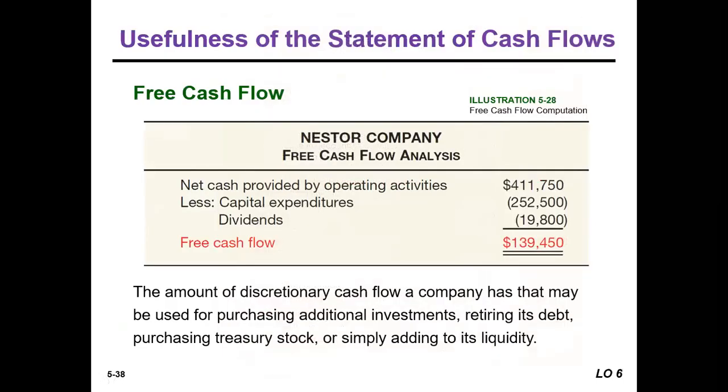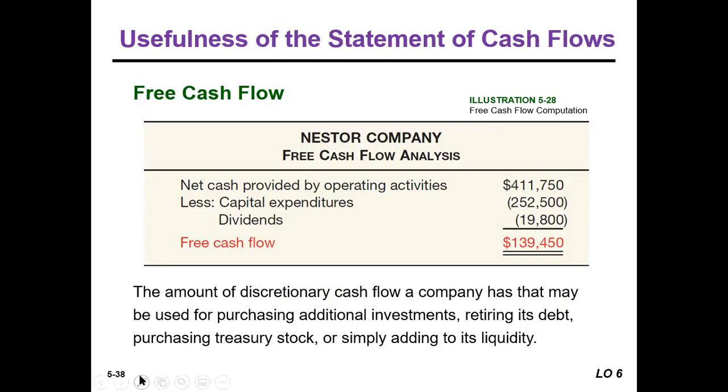All right, so free cash flow. I don't know if you guys have taken finance yet, or if you're in finance now, or when you take finance, you'll talk more about this. To calculate the free cash flow, we take the net cash provided by operating activities, and then we subtract any capital expenditures or dividends, and that gives us the free cash flow.